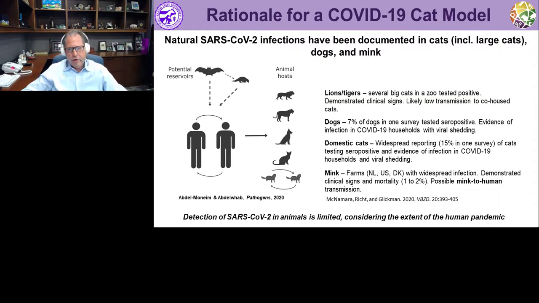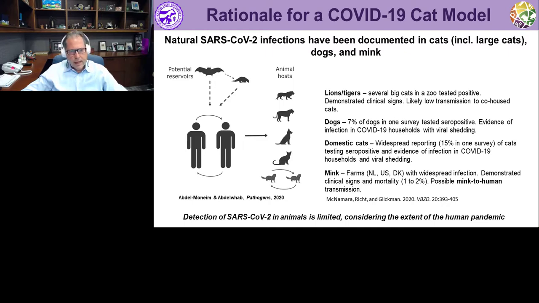So this is the rationale for why we developed this COVID-19 cat model. We all know that most likely SARS-CoV-2 was transmitted from bats, either directly or via an intermediate host, for example the pangolin, into humans, and it's very efficiently transmitted among humans, and it caused the 2020 pandemic.